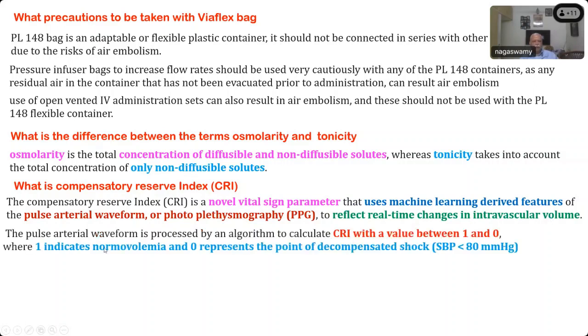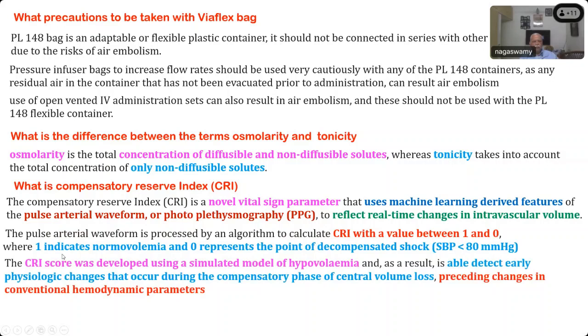And the pulse arterial waveform is processed by an algorithm to calculate what is called the compensatory reserve index, which gives a value between 1 and 0, where 1 indicates normovolemia and 0 represents the point of decompensated shock, where systolic BP will be less than 80 millimeters of mercury.